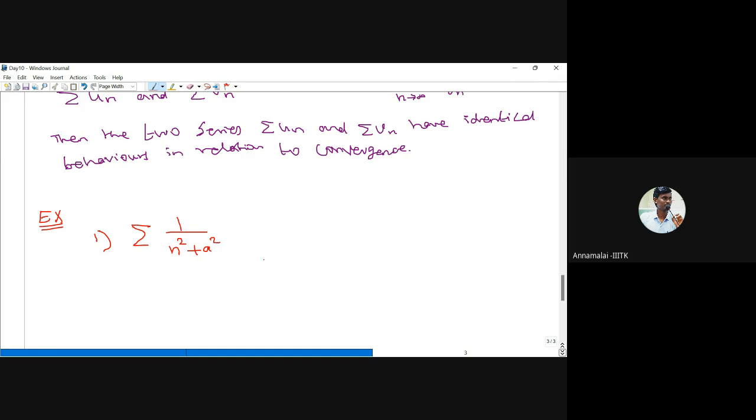You take un as 1 by n square plus a square, where a is any real number, therefore a square is always positive. Now, can you find any series bigger than this?